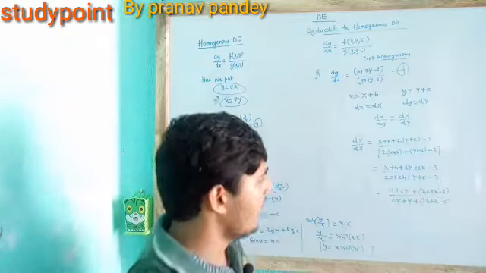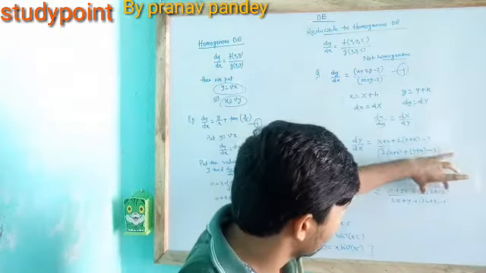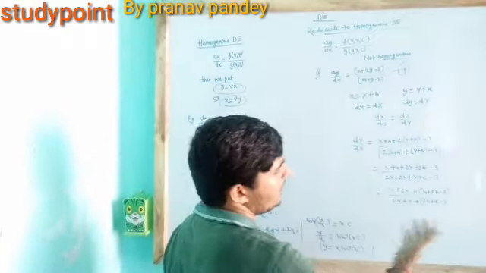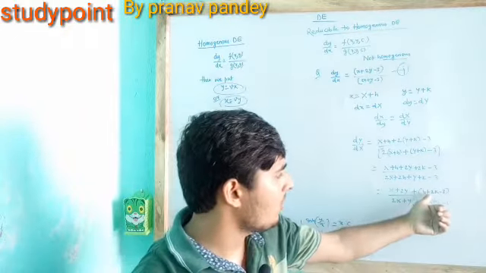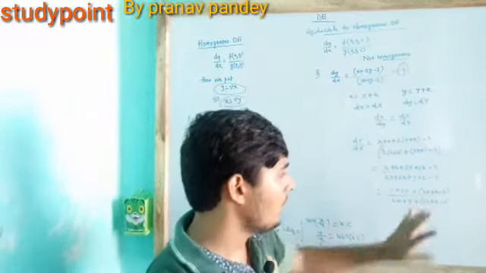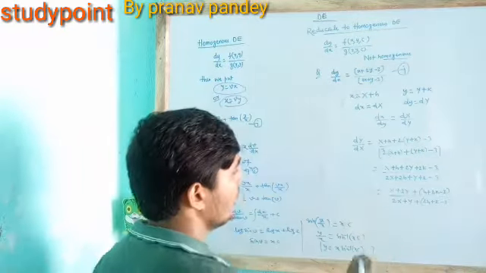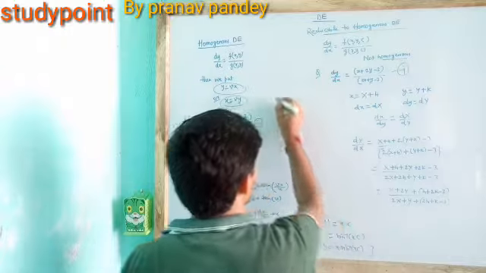What happens is that we need to eliminate these terms. How will we eliminate them? We will put values of h and k such that they get eliminated. So we will solve these two equations.